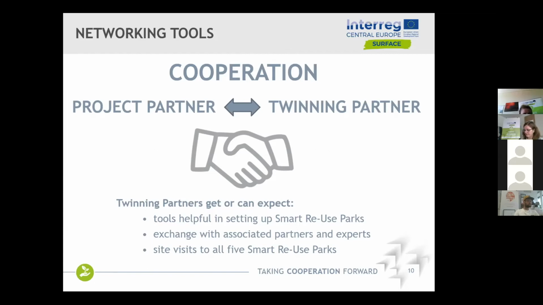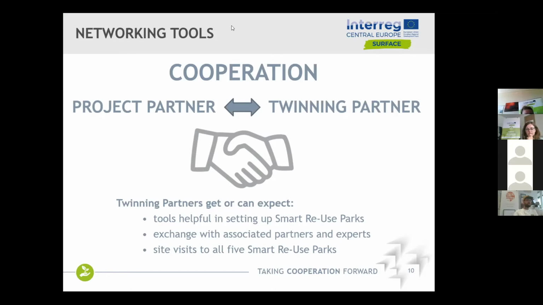The goal of that was to establish cooperation with entities, so-called twinning partners, who operate in the field of social economy, waste management, or are just willing municipalities. The twinning partners were to express their will to promote reuse, and be ready to create or to explore the possibilities of setting up smart reuse parks.